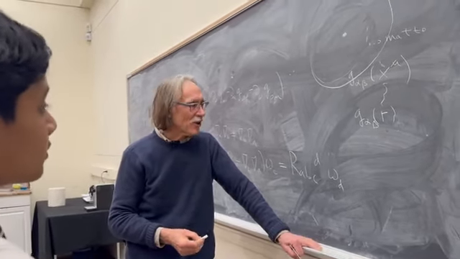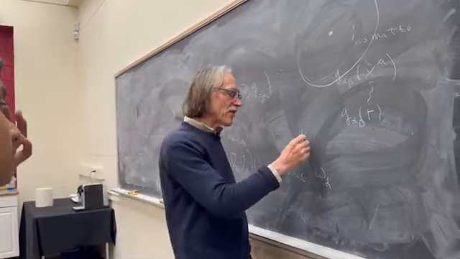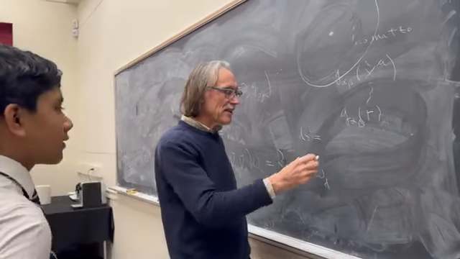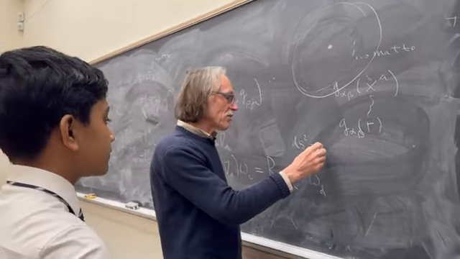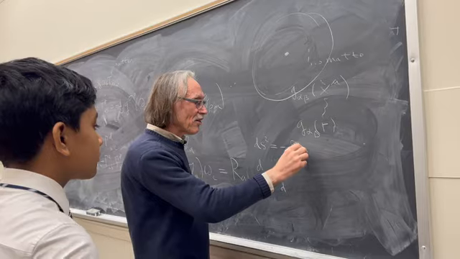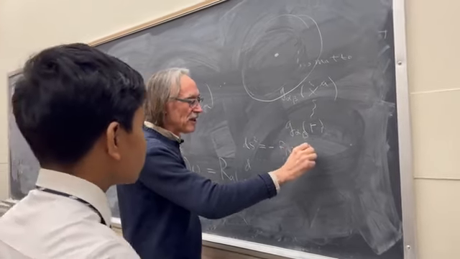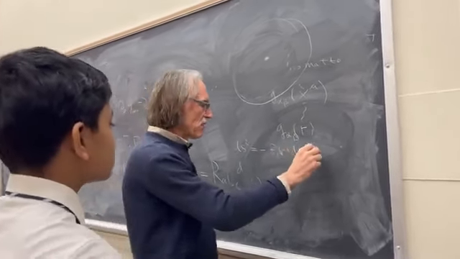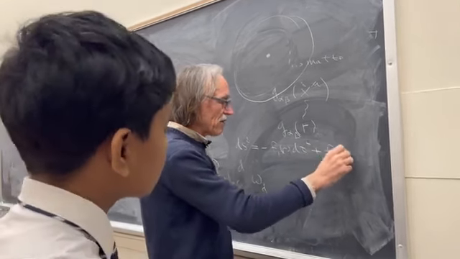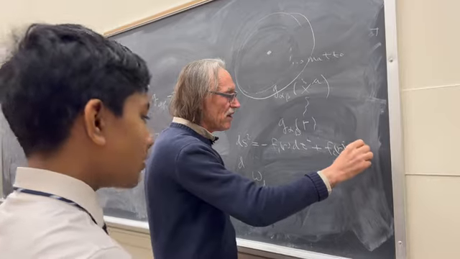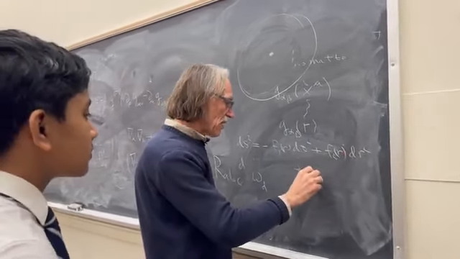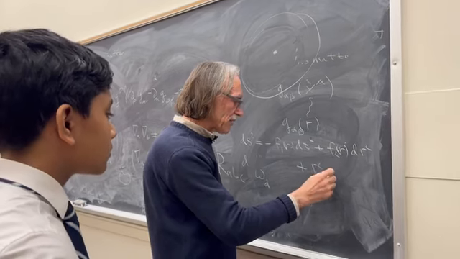So what you know is that the metric is equal to minus f1 of r times dt squared plus f2 of r times dr squared plus r squared times d omega squared.